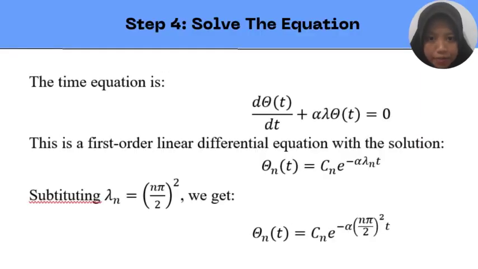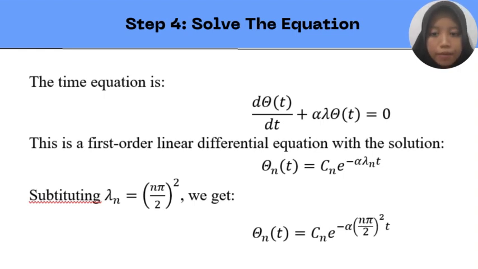For the fourth step, we need to solve the time equation. So the time equation is the derivative of T(t) with respect to t plus alpha times lambda times T(t) equal to 0. This is a first order linear differential equation with the solution Tn(t) equal to Cn times exponential to the power of minus alpha times lambda n times t.